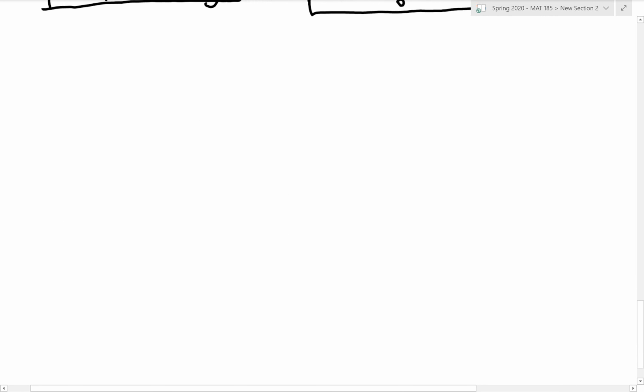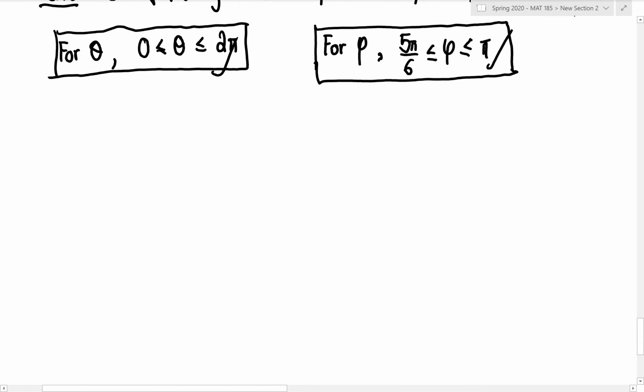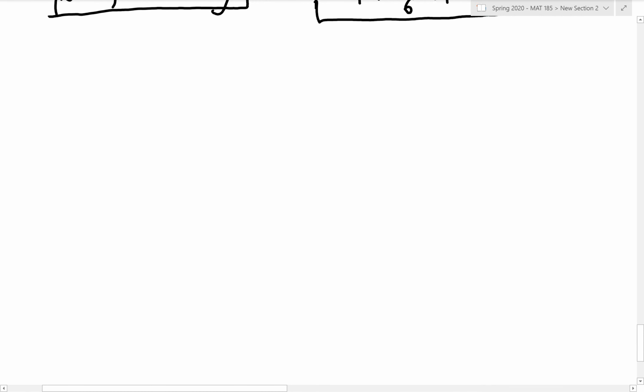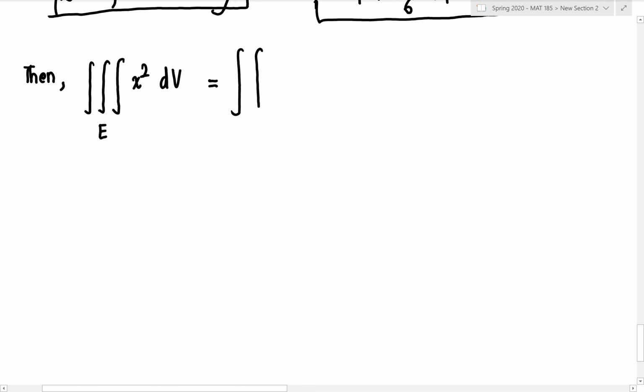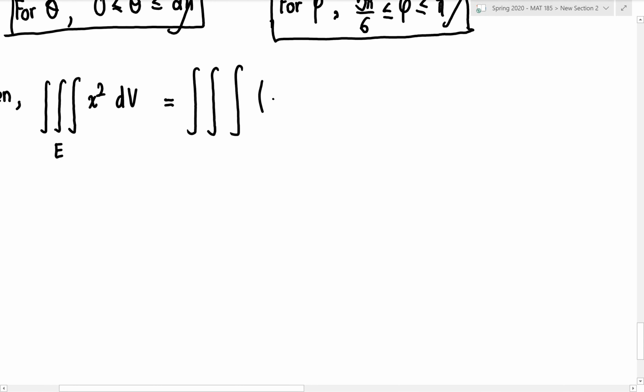So now, the integral over region E of x squared dV. Remember, we need to first convert this x squared into rho, phi, and theta, and fortunately we know what the conversion is.